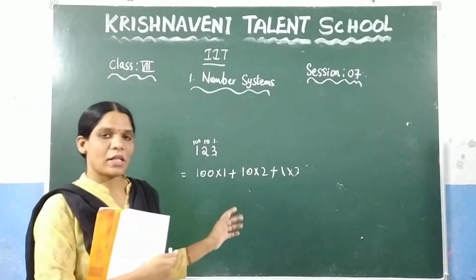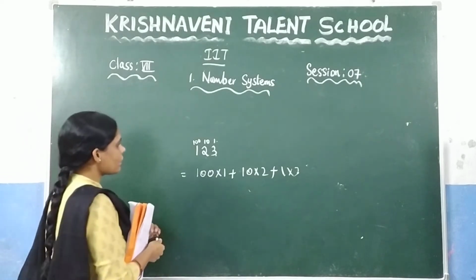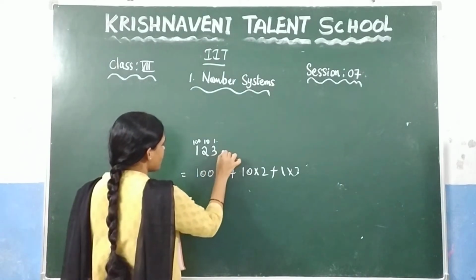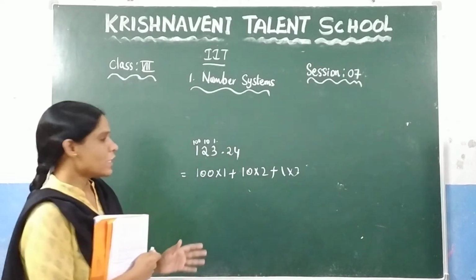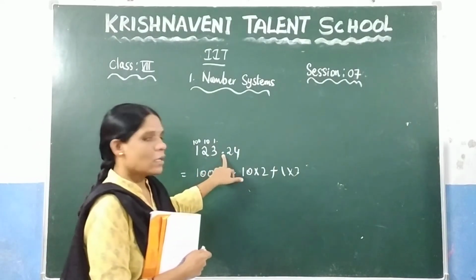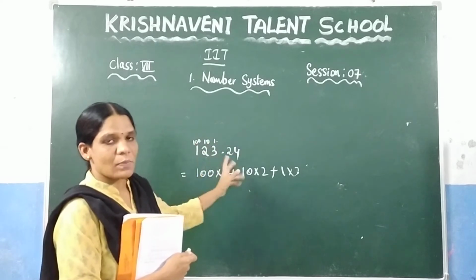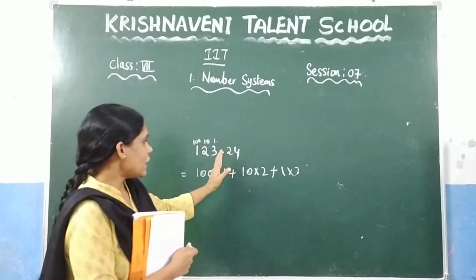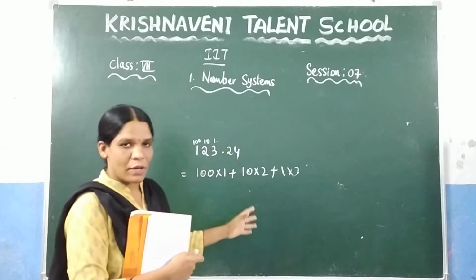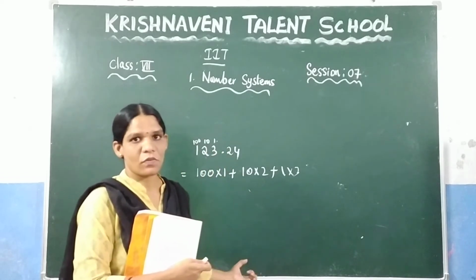Suppose you are given a decimal number, say 123.24. Here the decimal point divides this number into two parts, 123 and 24. The left side part you have to write as multiples of 10.